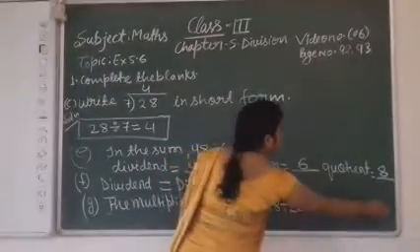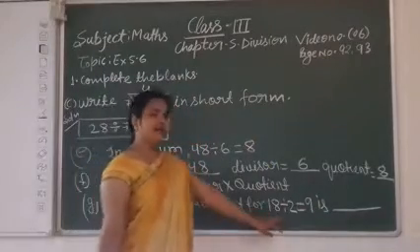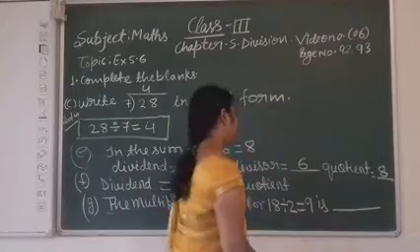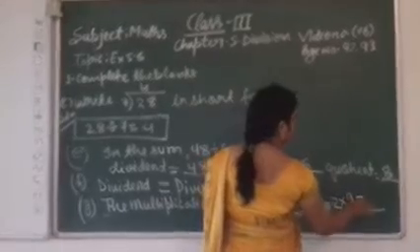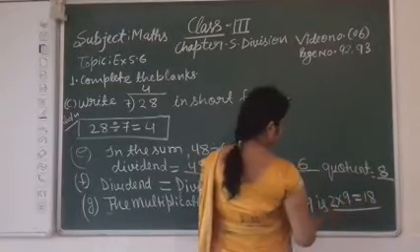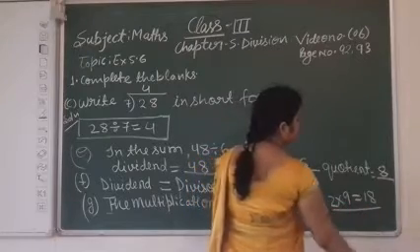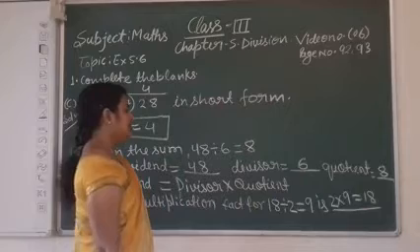You have to write the multiplication fact for this division fact. Okay, so 18 divided by 2 is equal to 9, and 2 into 9 is equal to 18 is the multiplication fact.